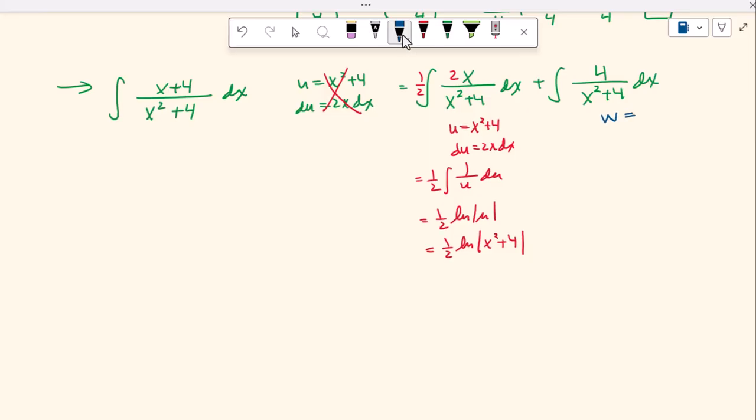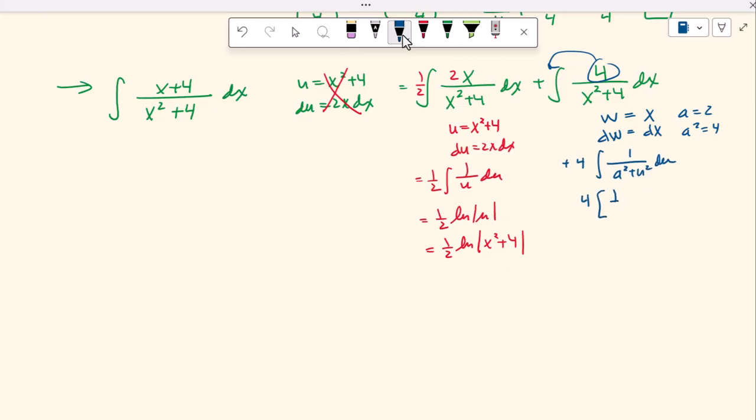So there's that piece. Now this one is perfectly set up for inverse trig. I'm going to use a different variable for my substitution. W is equal to x, dw is equal to dx, and then a is equal to 2 here because a squared was 4. So this 4 I can pull out. So this looks like, okay, I have it all, 1 over a squared plus u squared du.